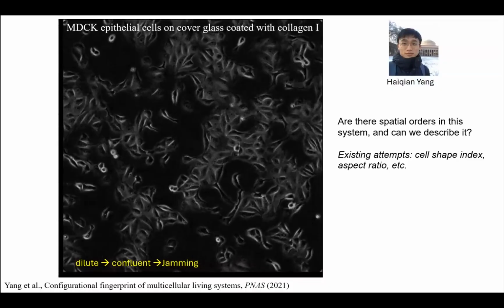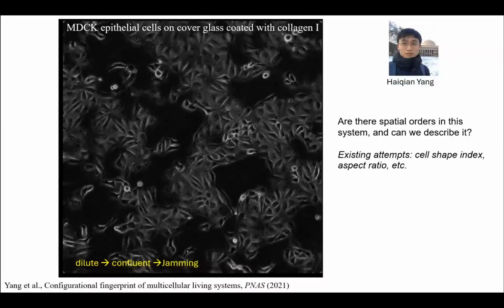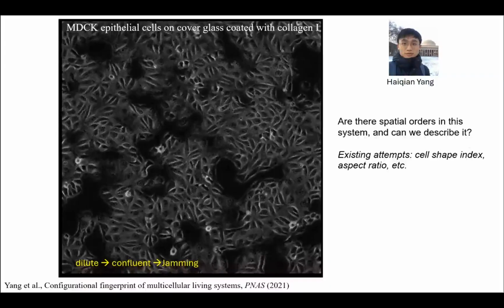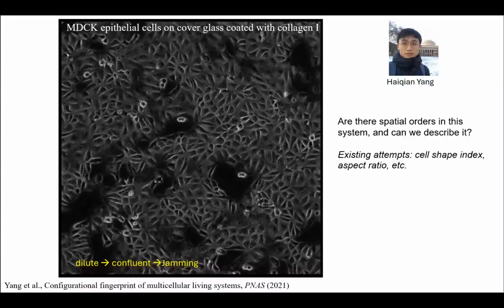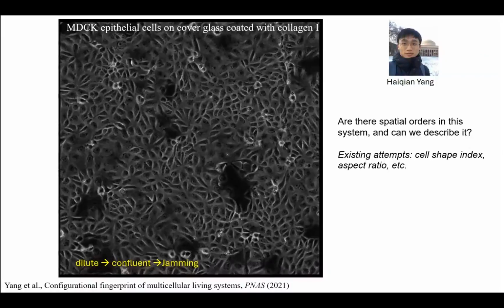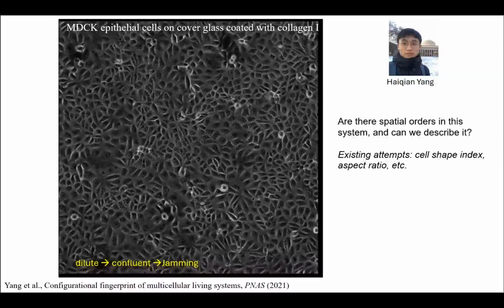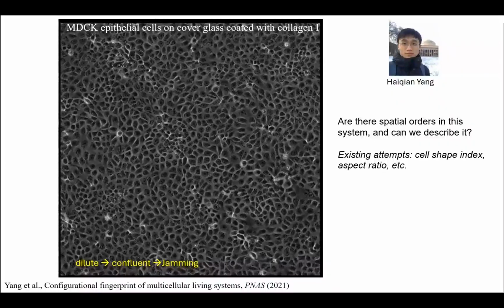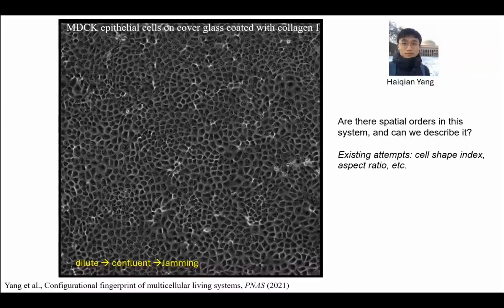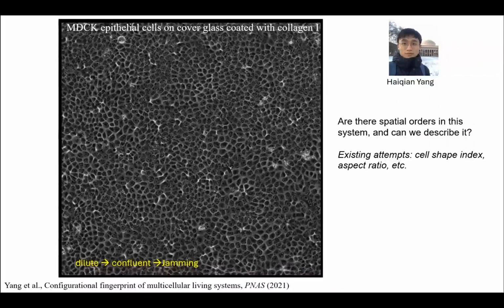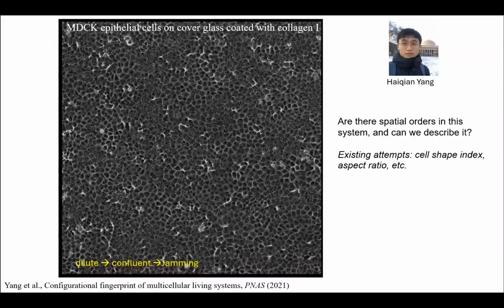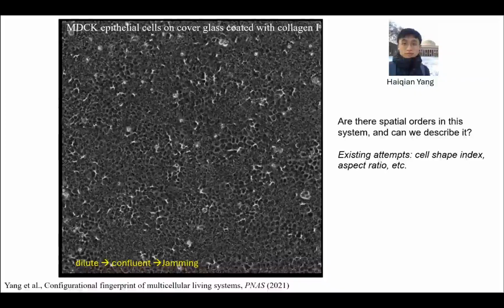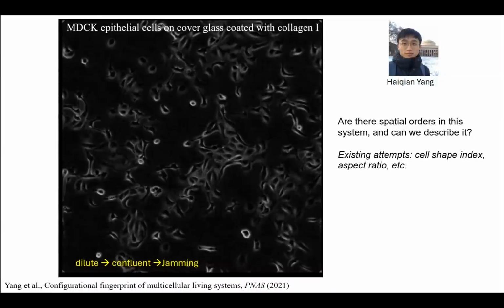And the question we ask there is, can we actually identify some other parameter to help us define different stages of this process, especially to relate that to any potential phase transition in this experimental video. A previous attempt has been focusing on individual cell characteristics, for example, cell shape index, aspect ratio, and what we're thinking of here is, can we do a more continuum way?